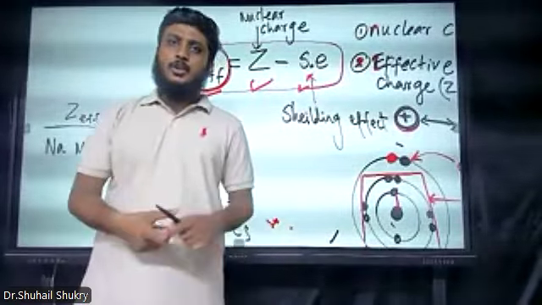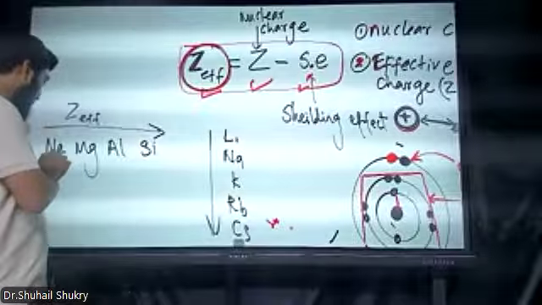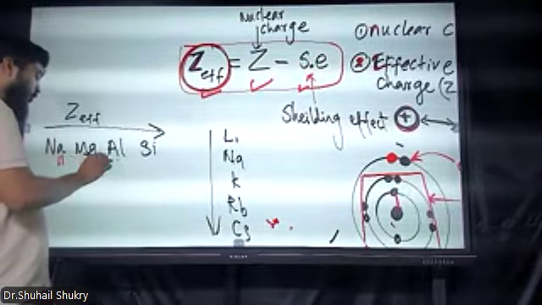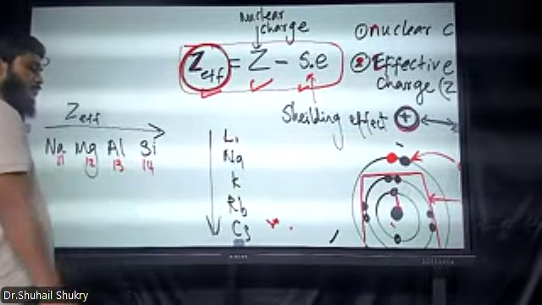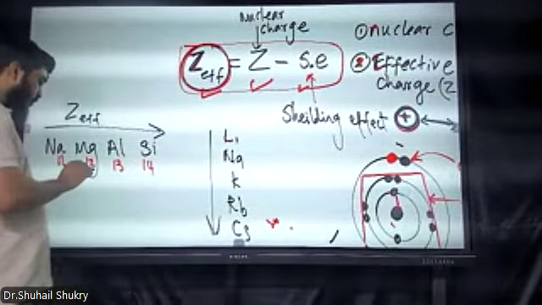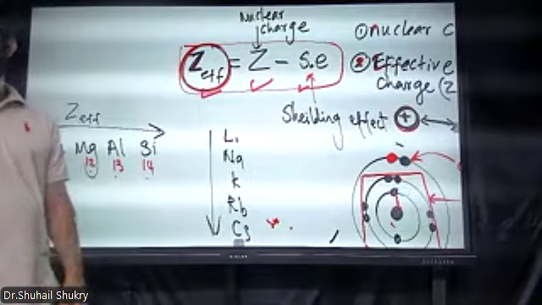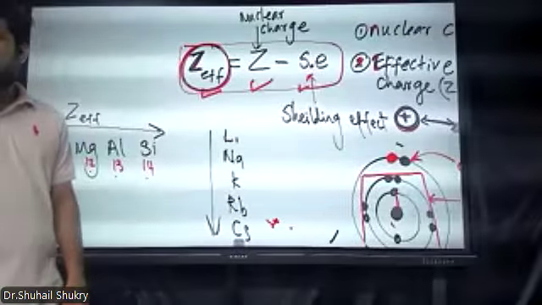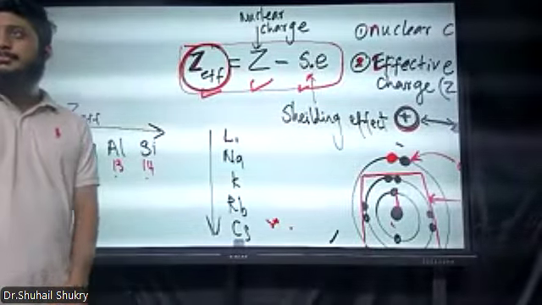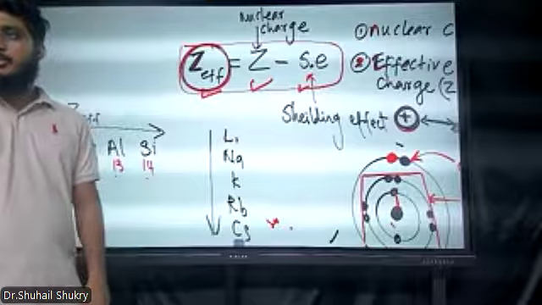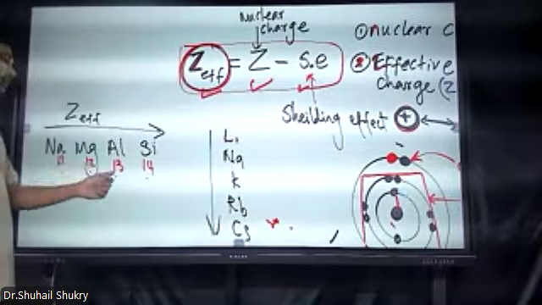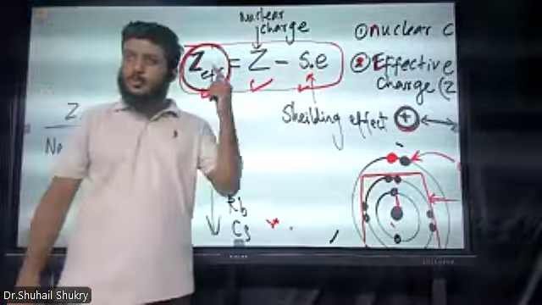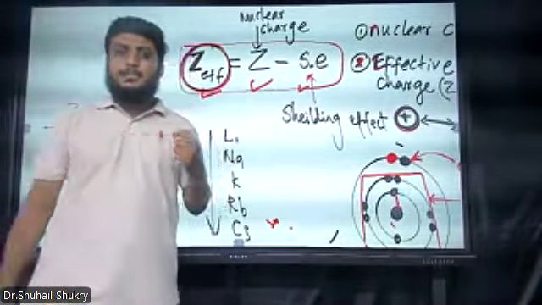Why is it increasing? Because when you are going left to right, what's happening? The atomic number here is 11, here 12, here 13, here 14. What do these numbers mean? They are the number of protons. The number of protons is equal to the number of electrons, that is correct, but what are we writing here?